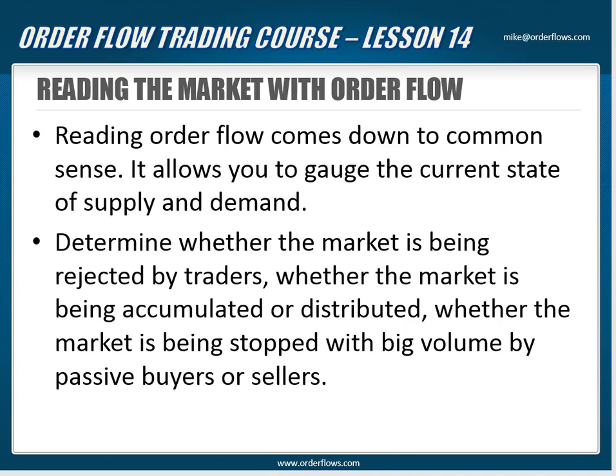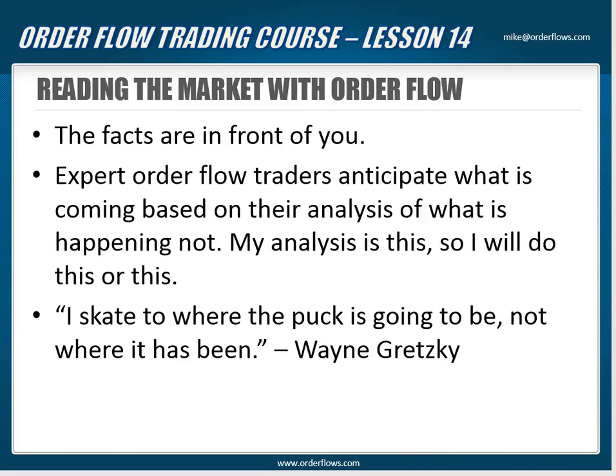If you get to a level and you see heavy volume on one side or the other, it's telling you there are passive buyers or passive sellers. All those things, once you see it enough, you can just tell at a glance. You don't need to sit there and analyze every single number. The facts are in front of you.